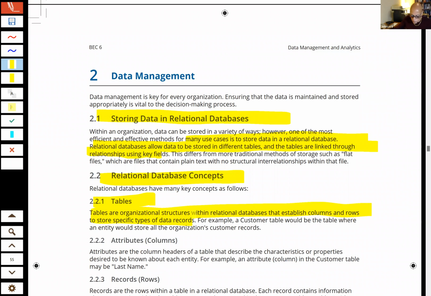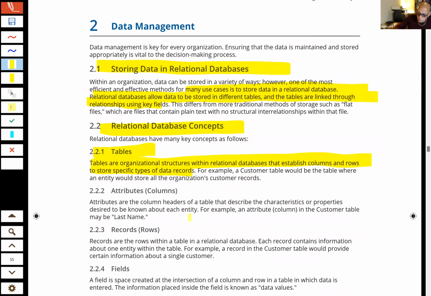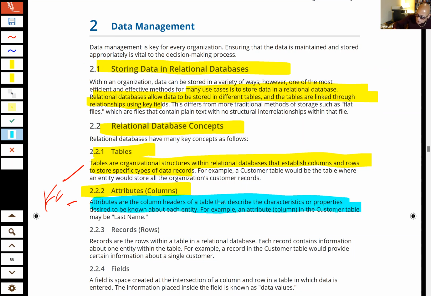Within those tables, we have columns, and let's flashcard these things, the columns are also called attributes, the headers. For example, an attribute column in a customer table would be the last name.